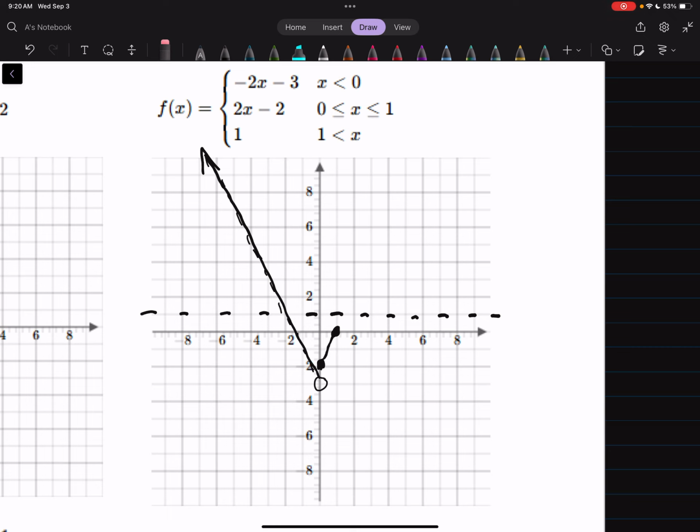It says 1 is less than x, so I'm going to be wanting an open circle at my x value of 1, and I'm wanting the right side of this graph. So I do not want anything on the left. There is my function. Now I can open Desmos and check my work.